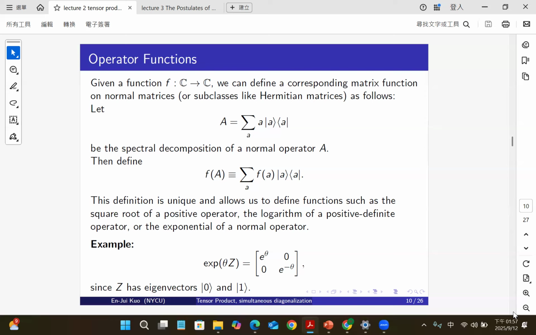So when you write A in terms of eigenvalues and eigenvectors, you will find that for any polynomial, the eigenvectors are the same, and the only difference is that the eigenvalues are different. So let's say you try to expand this f.